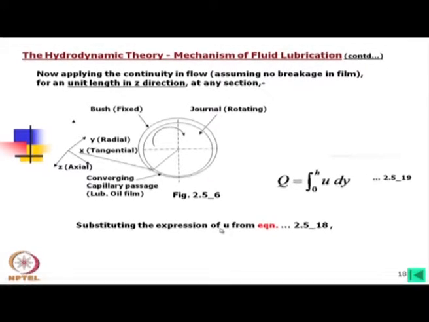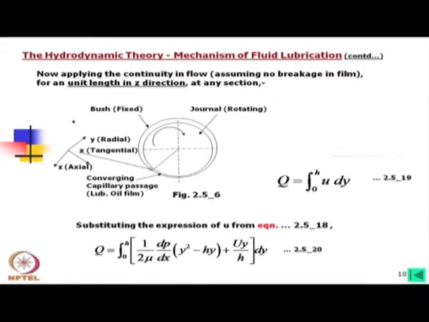Substituting the expression of u from equation 2.518, we get q is equal to the integral from 0 to h of 1 by 2 mu dp by dx (y square minus h y) plus u y by h, dy.